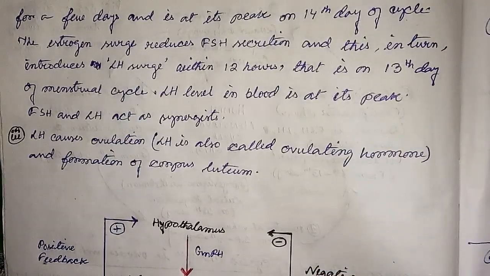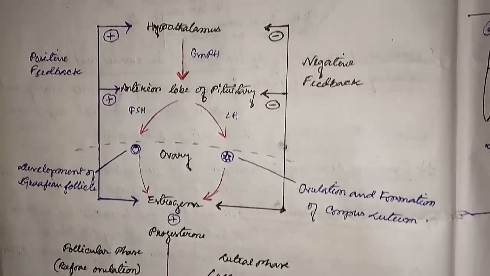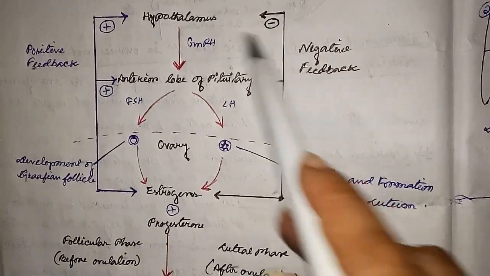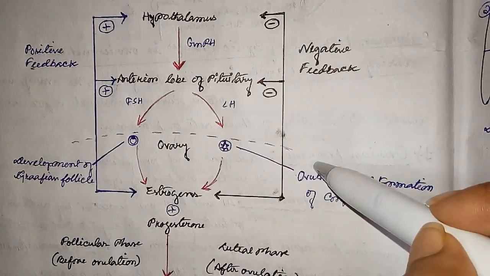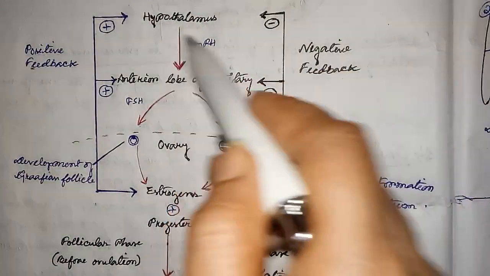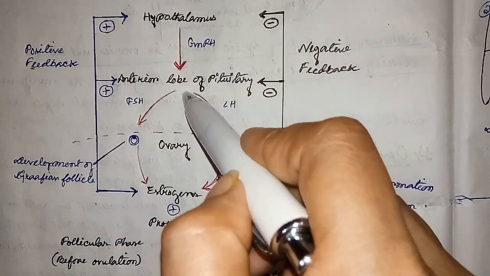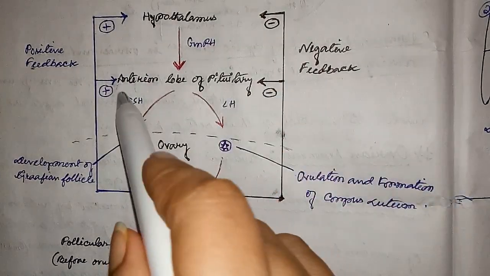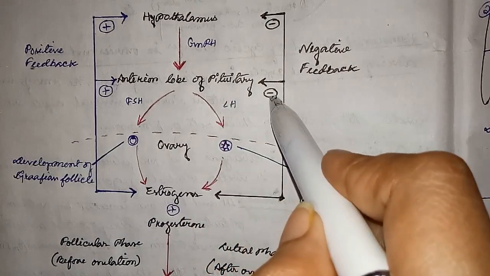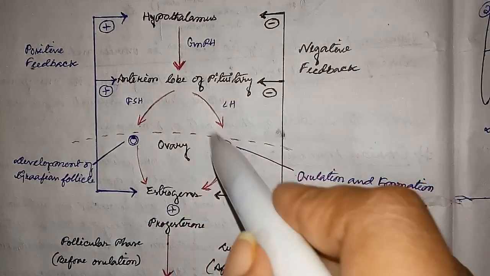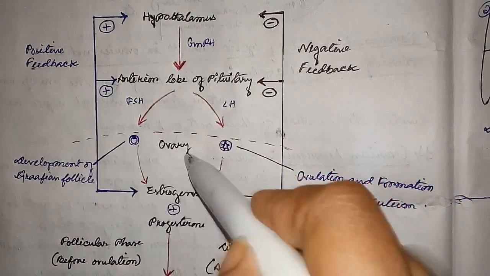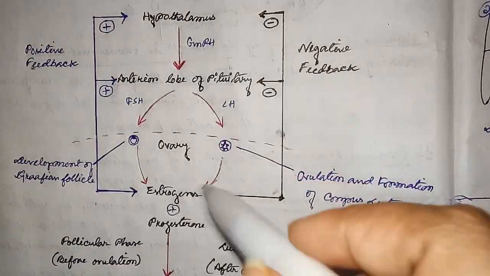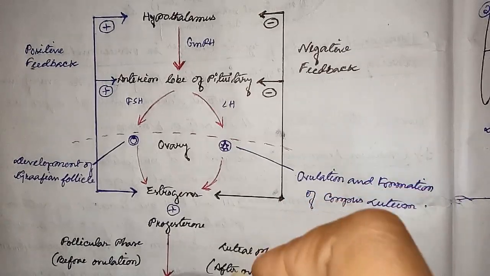Okay. Now here is a diagram or graphic representation of hormonal control of the female reproductive system. Here the hypothalamus secretes GnRH, which stimulates the anterior lobe of the pituitary, and this secretes FSH and LH, which stimulate the ovary, which secretes estrogen, and after that progesterone, which acts on the uterus.